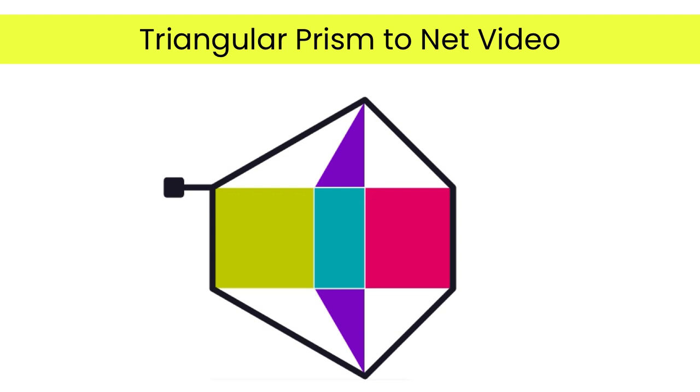First, let's have a look at a triangular prism and its net so we can see what that looks like in action.